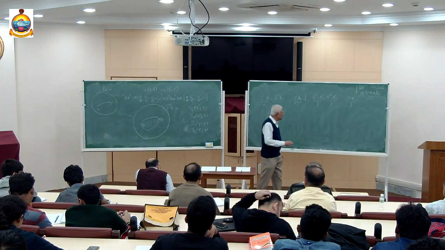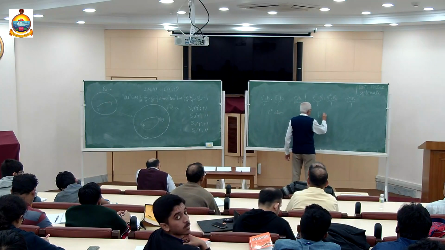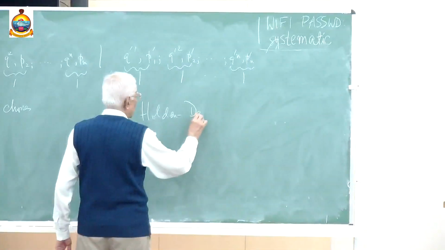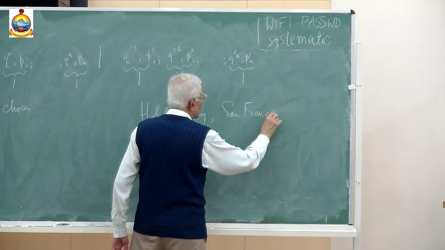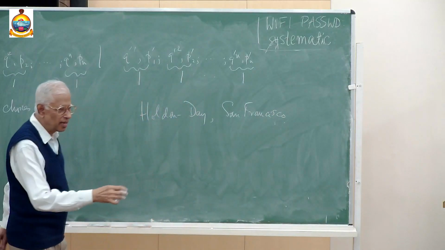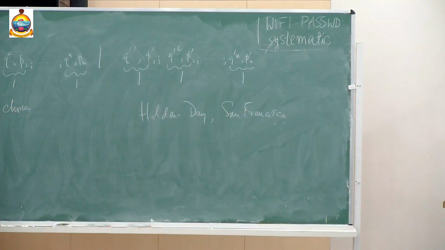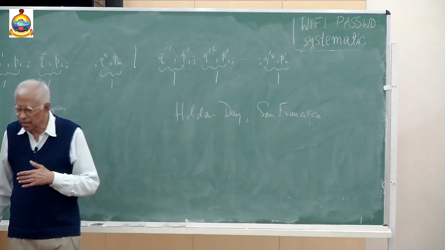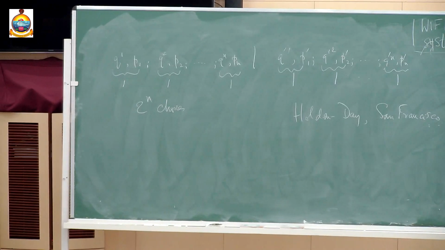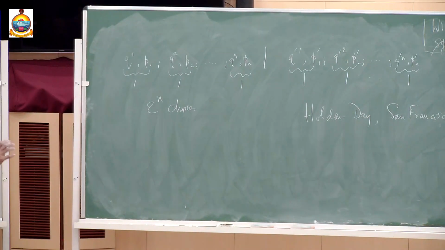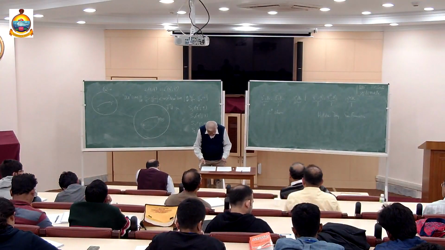I remember the publisher's name at that time, Holden-Day in San Francisco. Today, with a suitable mobile, you can check which edition and all that. In volume 1, I think, this theorem is proved. It's called Carathéodory's theorem. I feel it's a very beautiful, important theorem, tells you so much about canonical transformation theory. So I will stop here.